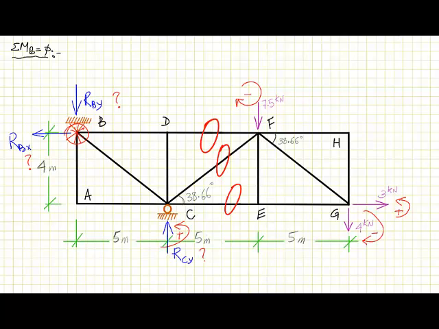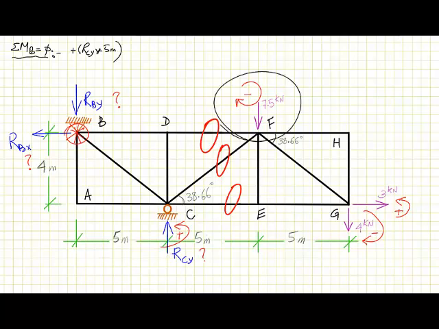So we'll start to do the calculation based on these. So the first one is this plus, so we'll do plus RCY multiplied by this distance, which is 5 meters.